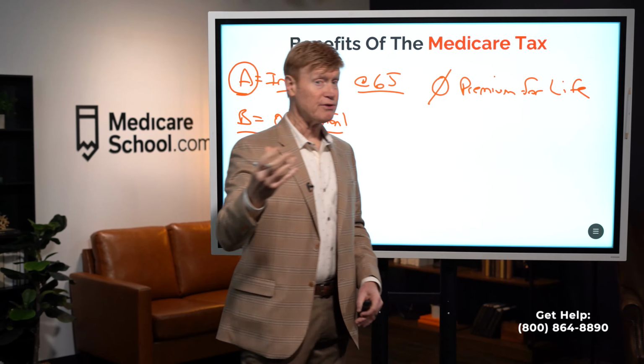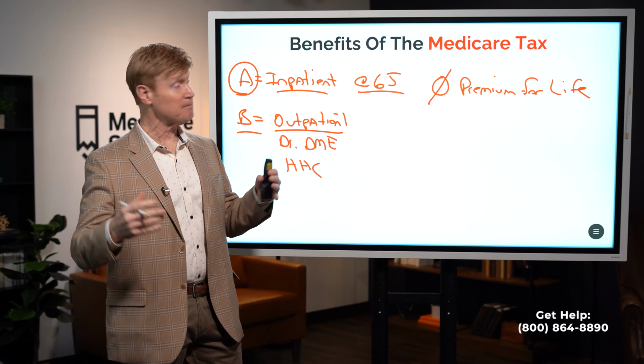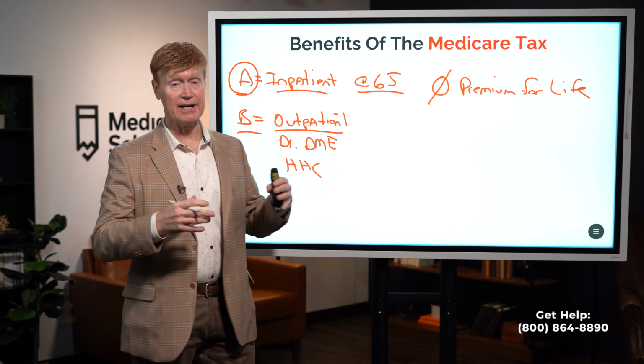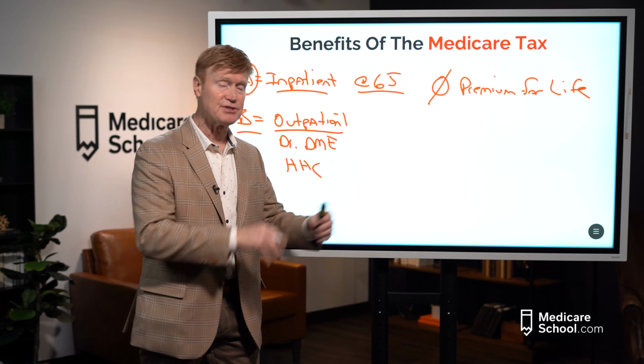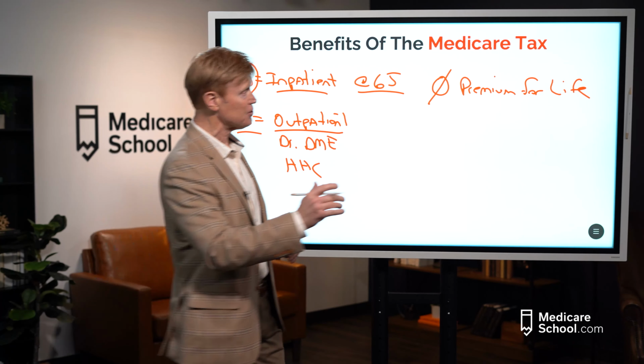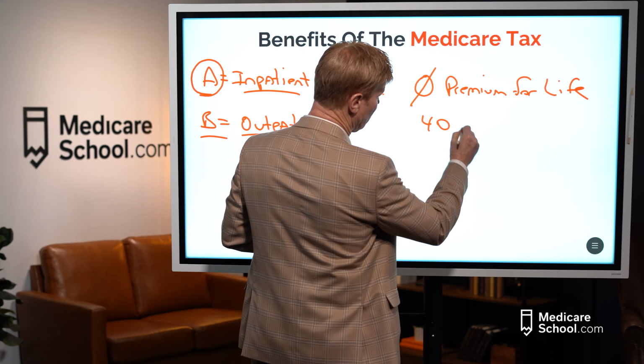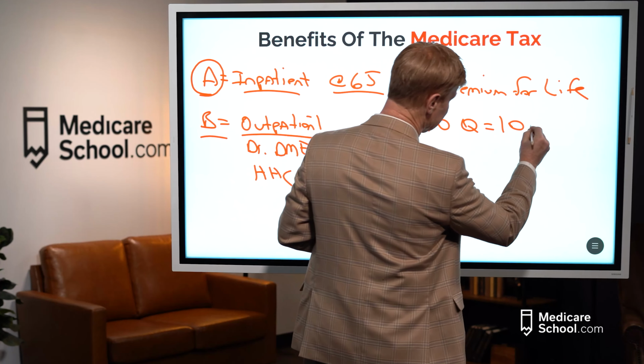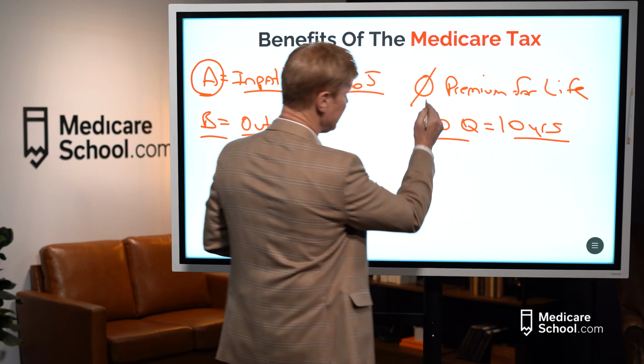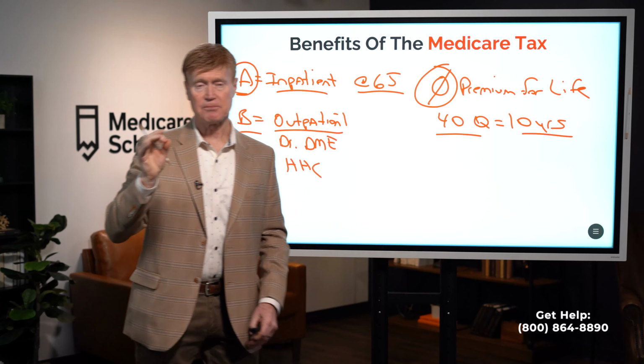Now, to show you the value of Medicare A, because some people don't get zero-premium Medicare since they've not paid into that tax system long enough. As long as we've paid in for what's called 40 quarters, which is basically 10 years' worth of work, we're going to get Medicare premium free.